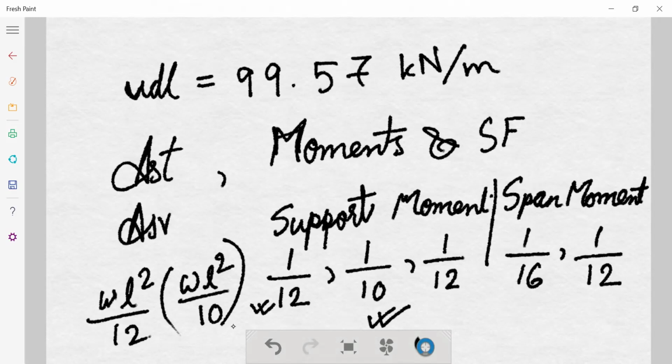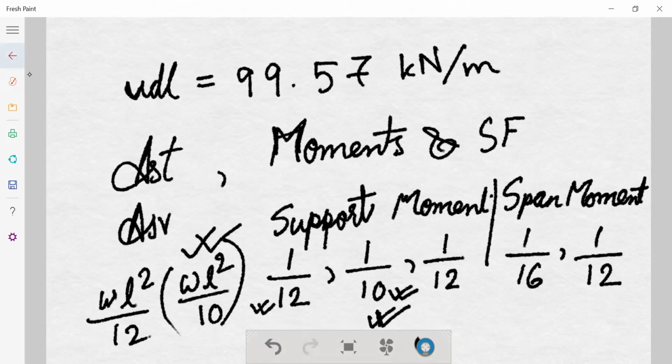Because in WL square by 12 and WL square by 16, the denominator is higher, so the moment will become less. The maximum moment is obtained when the denominator becomes less, which happens only when it is 1 by 10. So WL square by 10 will be the highest one.